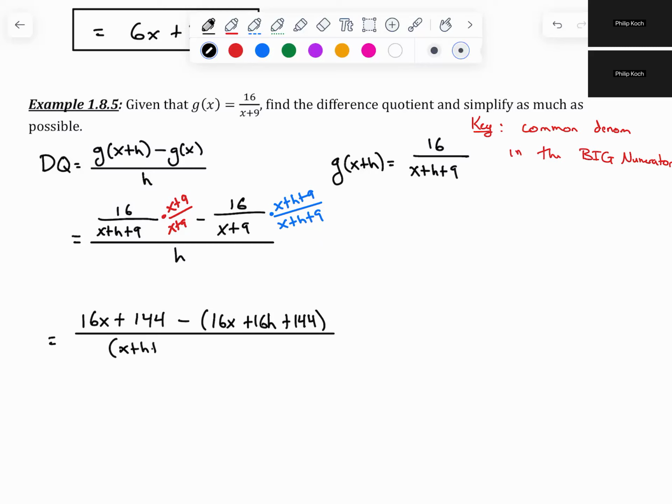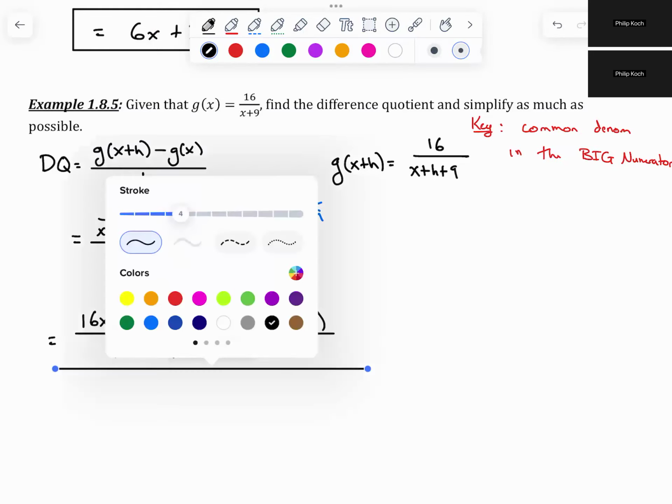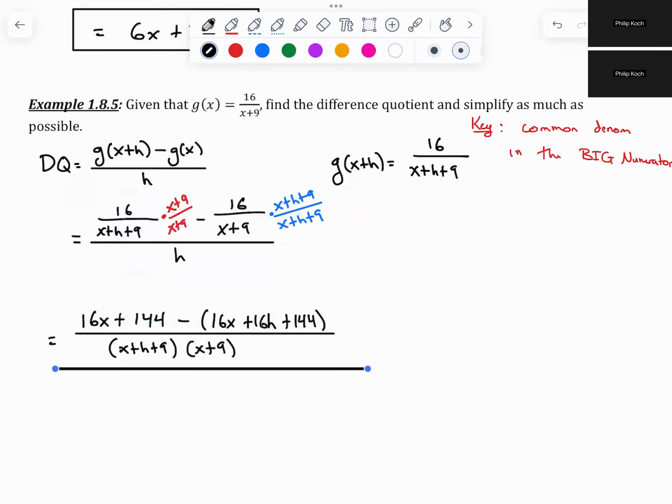all divided by x plus h plus 9 times x plus 9, all divided by a bigger bar. In fact, I'm going to make this larger font, all over h.